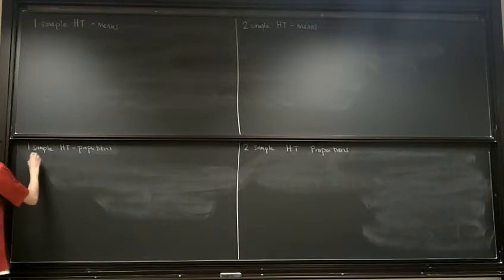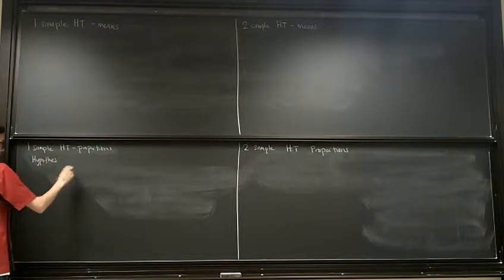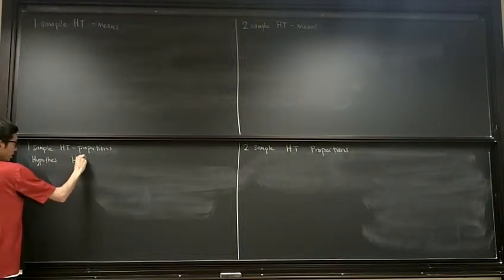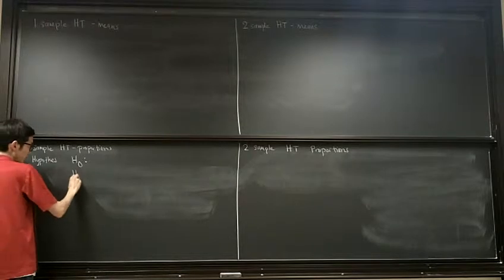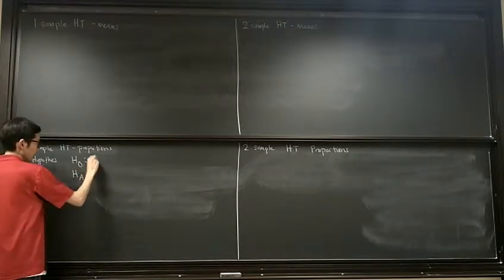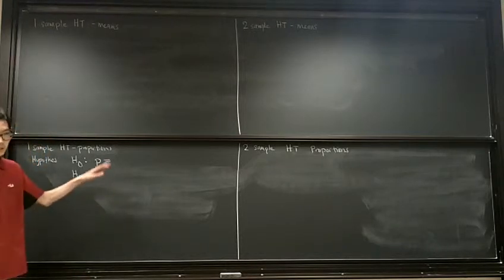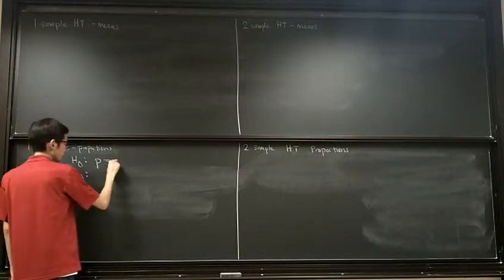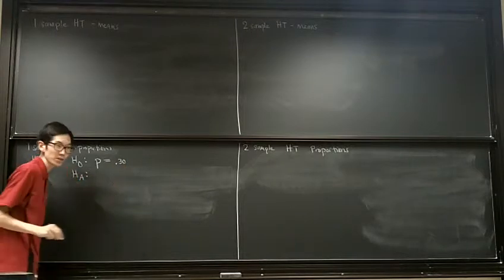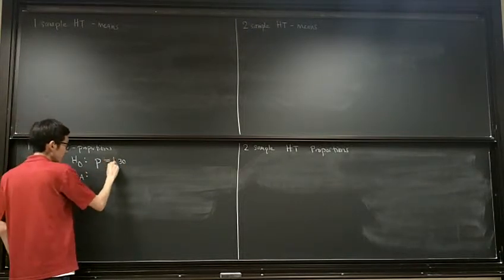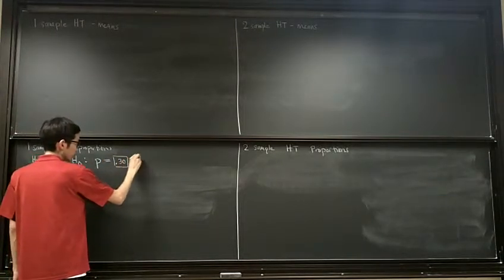All right, so here are your hypotheses. You get your null hypothesis and your alternative. And here, the null hypothesis is P is equal to some number. Okay, so I'm going to just put in like 0.30. But it's just some number here.